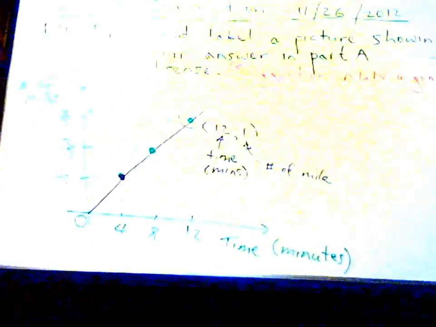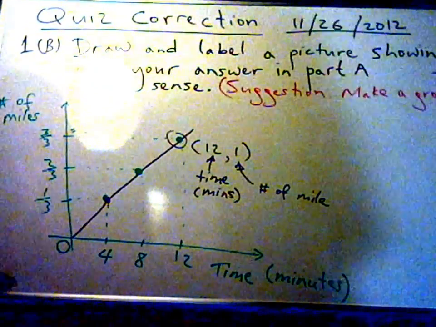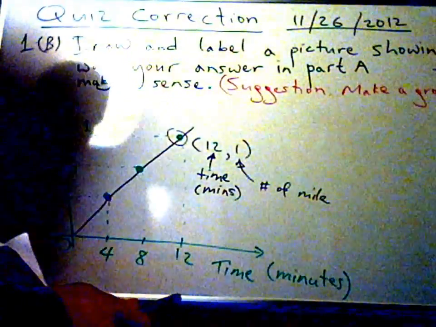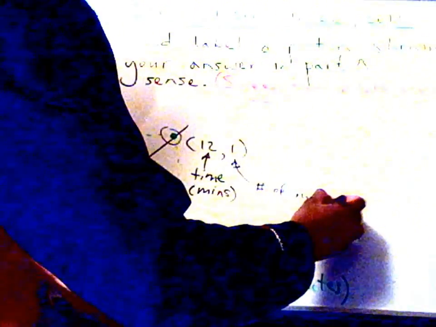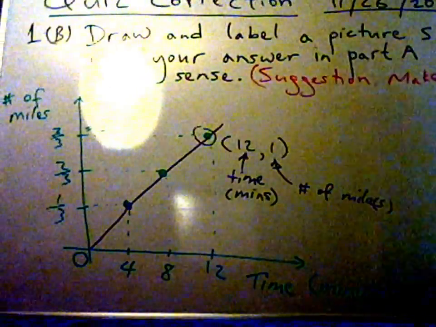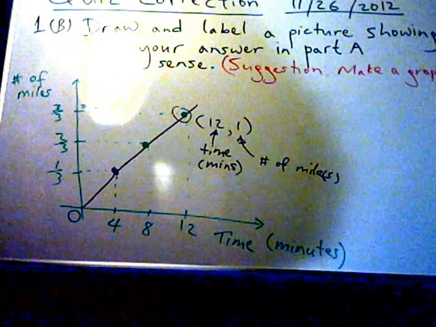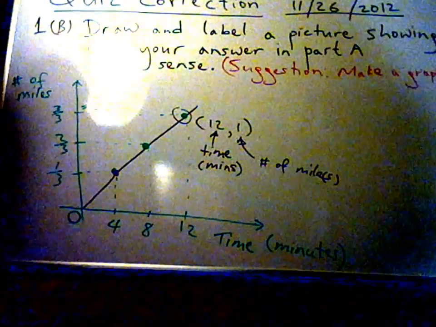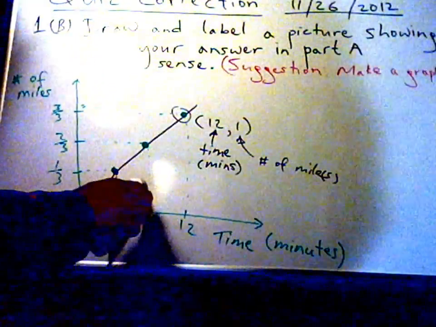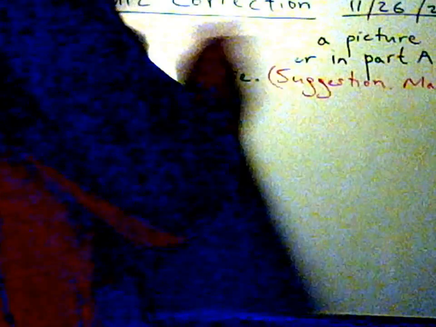Alright, so that is number one. Your line should be straight. I'm doing freehand, so my line is not as straight as it should be, but your line should be straight. Now we're going to move on to number 2.